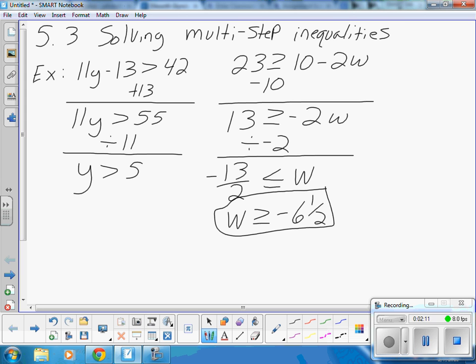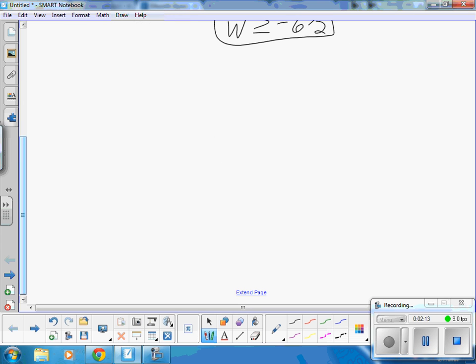Here is another one for you to try. 43 is greater than negative 4y plus 11. Go ahead. Subtract 11 from both sides.